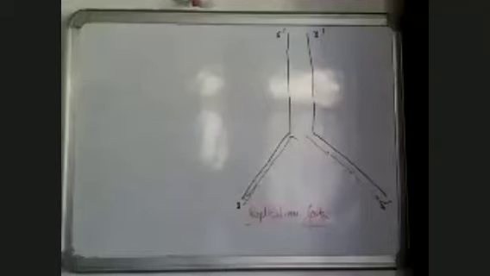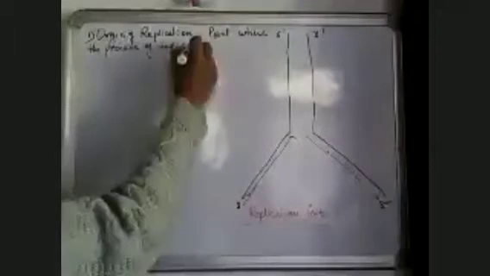The second step is activation of deoxyribonucleotides. For synthesizing a new strand we need nucleotides, and where do these nucleotides come from? They come from the nucleoplasm, where they are in the form of monophosphates, like we have ATP. Similarly here we have deoxyadenosine monophosphate, deoxycytosine monophosphate, all in this form in the cytoplasm.